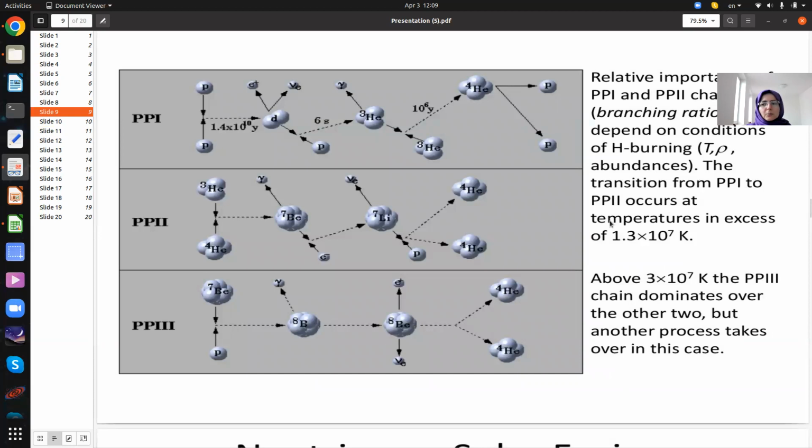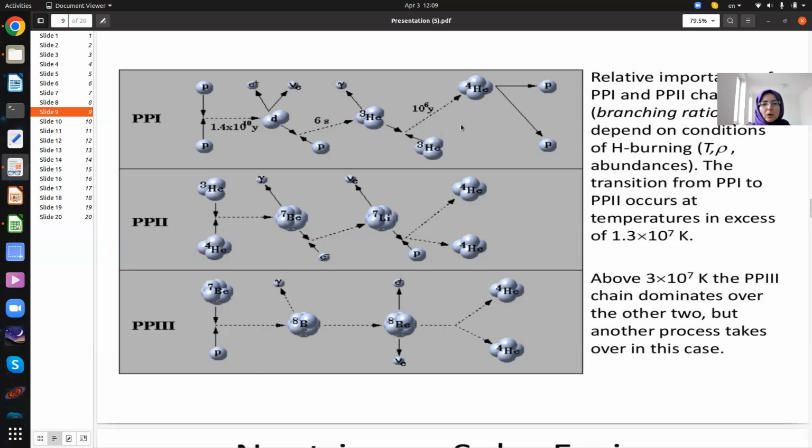Here we have the relative importance of the PP1 and PP2 chains, or branching ratios. Depending on the conditions of hydrogen burning, T, rho, and abundances, the transition from PP1 to PP2 occurs at temperatures in excess of 1.3 times 10 to the power 7 Kelvin. Above 3 times 10 to the power 7 Kelvin, the PP3 chain dominates over the other two, but another process takes over in this case.